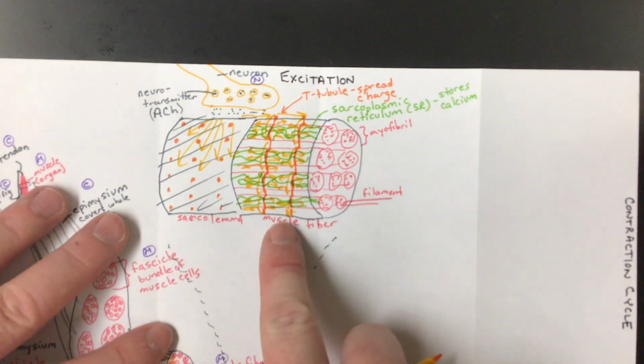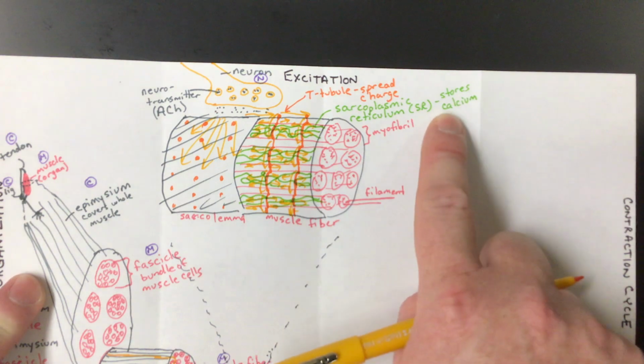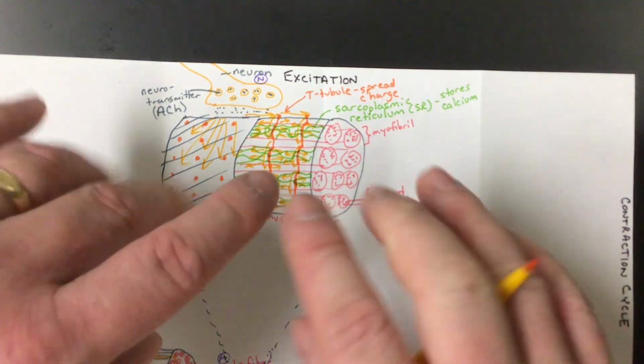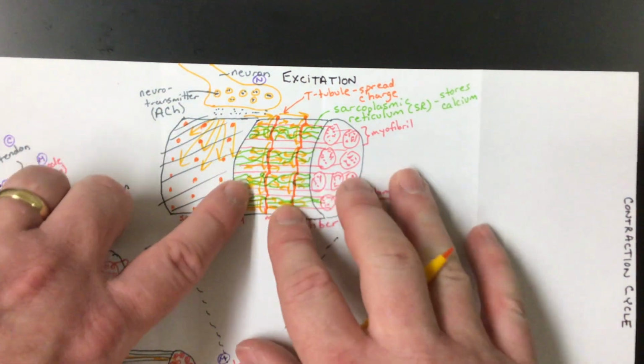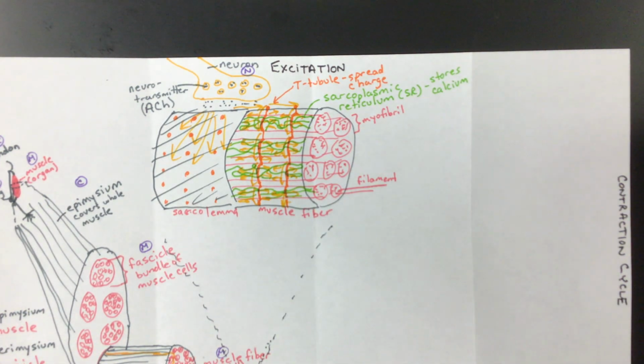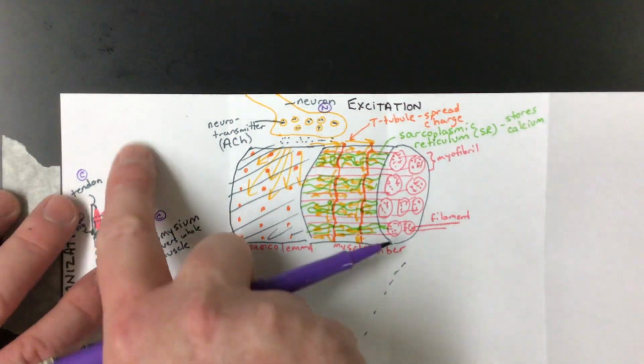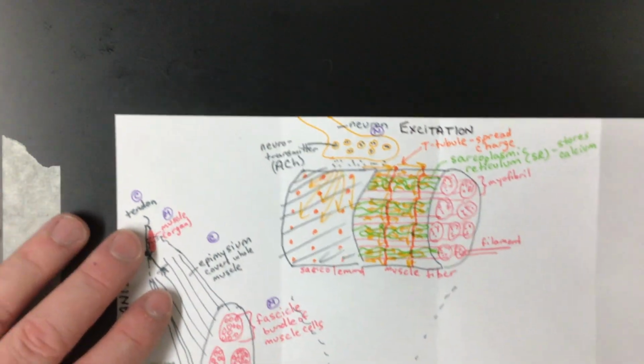So then when this charge gets to the sarcoplasmic reticulum, all of this calcium that's stored in the sarcoplasmic reticulum rains down on these myofibrils and filaments. So I think it's important to get this down in words. So let's summarize that right up here.